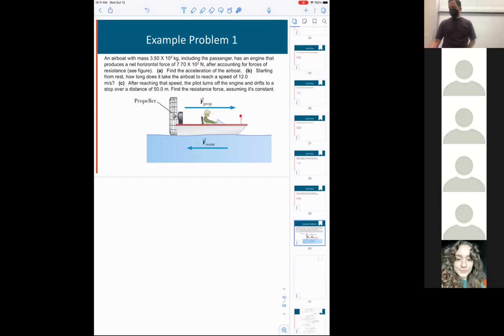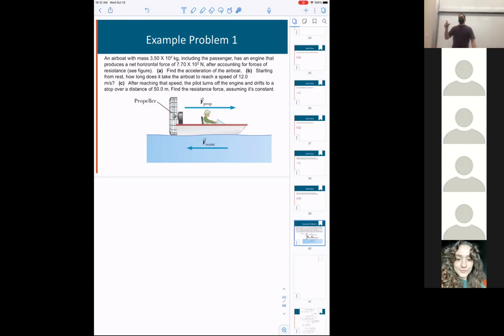So you can see in this picture, there's two types of forces acting on the boat. There's the forward force of the propeller, and then there is some resisting force from the water. Between the surface of the water and the boat, there is some sort of frictional force that is pushing against it. And if you add these two forces together, you get a net force going to the right of 770 newtons.